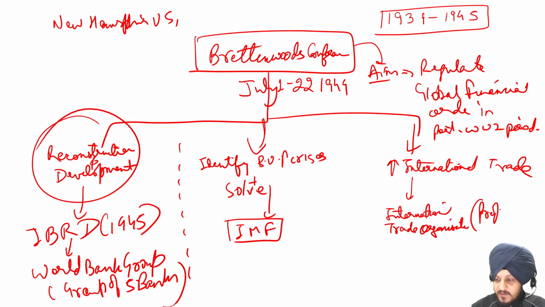Remember that it was just proposed, and this proposal was rejected. So the International Trade Organization was not made, and later on GATT, which is the General Agreement on Tariffs and Trade, was passed, which at a later phase led to the establishment of the World Trade Organization. Though there are different treaties such as the Uruguay Round involved in it, we are not going to get into details.